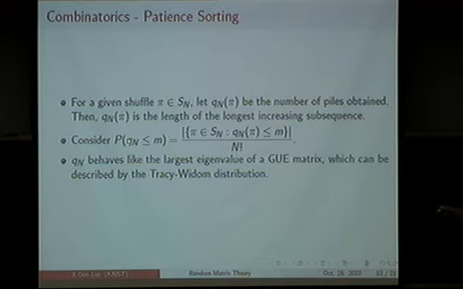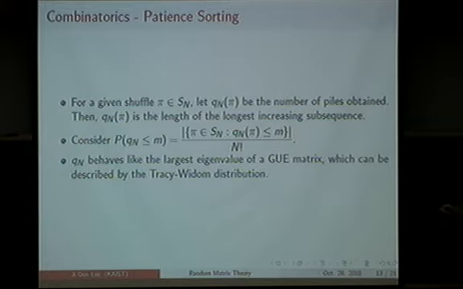We can consider the probability of having Qn less than or equal to some value, over all pi's in Sn, where Sn is the symmetric group of size n, divided by n factorial to make it into a probability.